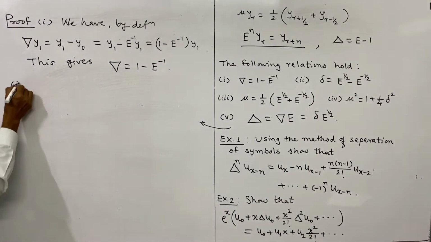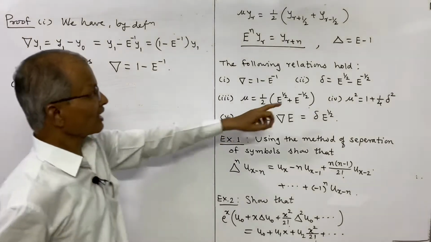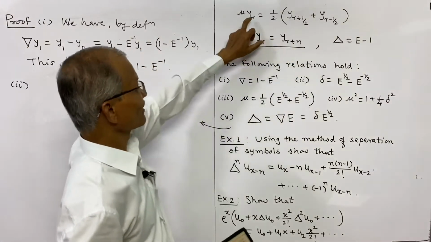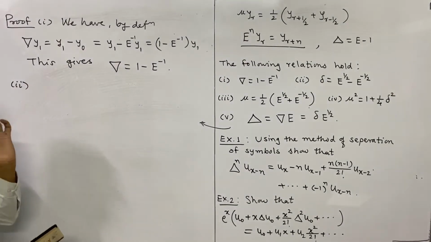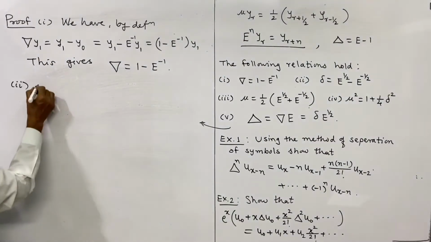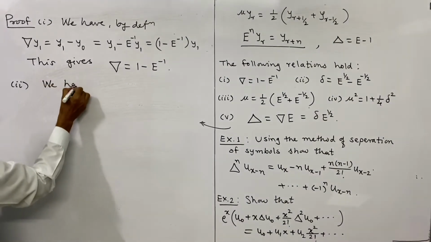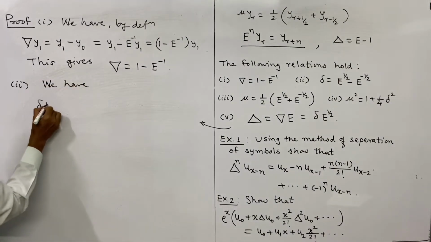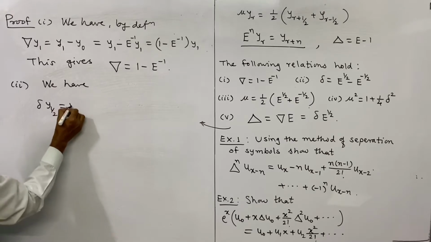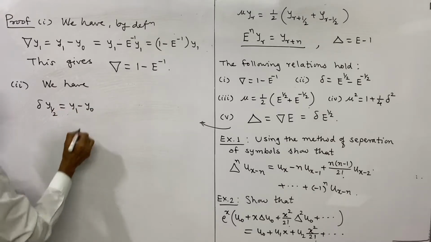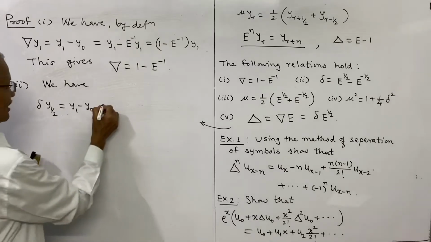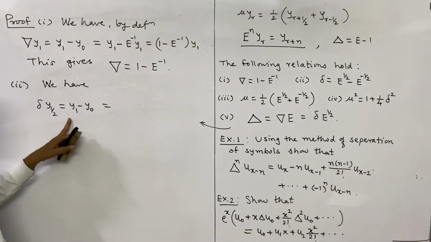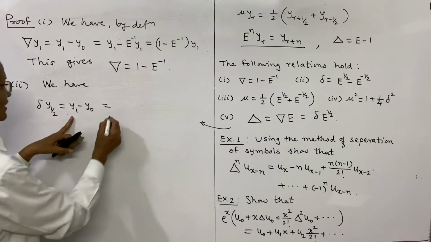Now the second, we consider delta. So the delta definition is here. Delta we have defined earlier: delta y half is equal to y1 minus y0. This is the definition of delta, and this y1 can be written in terms of E again.